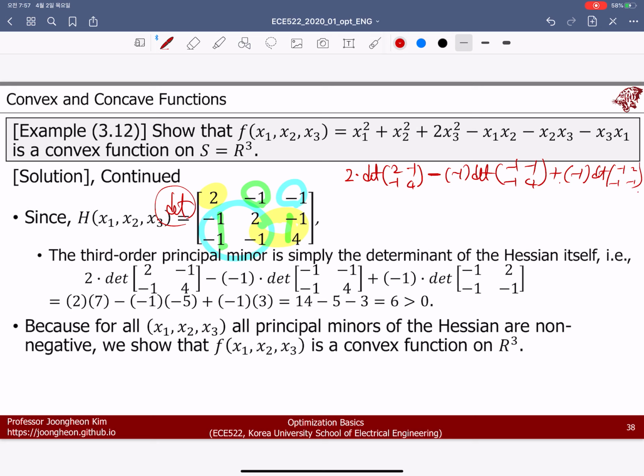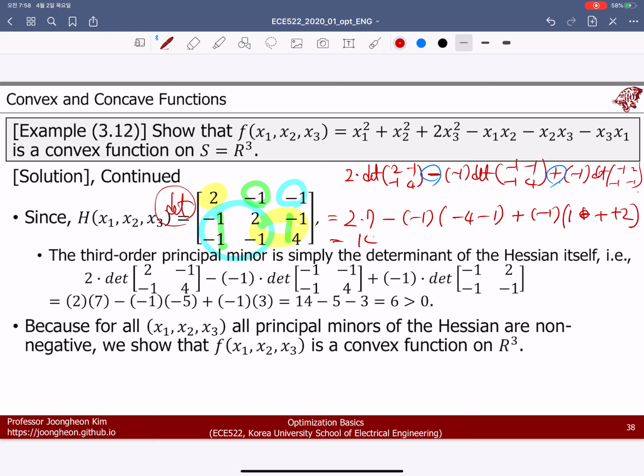Okay, so then you also keep in mind that this sign is changing. And then this becomes 2 times 7 minus 1 times minus 4 minus 1, plus minus 1 times 1 minus 2.